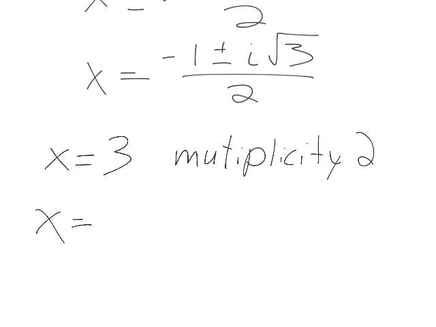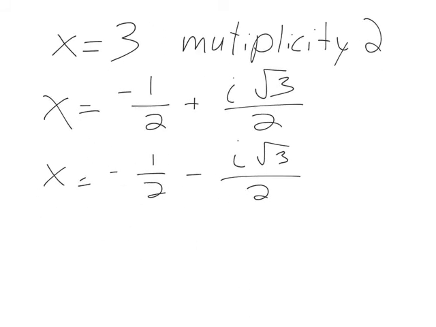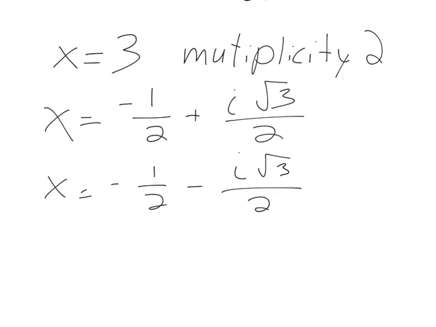And then I've got the positive version of the one we found, negative 1/2 plus i times the square root of 3 over 2. And then the negative one, negative 1/2 minus i times the square root of 3 over 2. Okay, so that gives me 4 different zeros. 3 is there twice, 1, 2, and then I've got these two imaginaries, 3 and 4. Okay, that's my list of zeros.